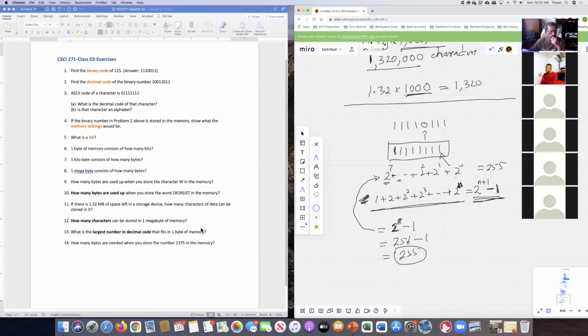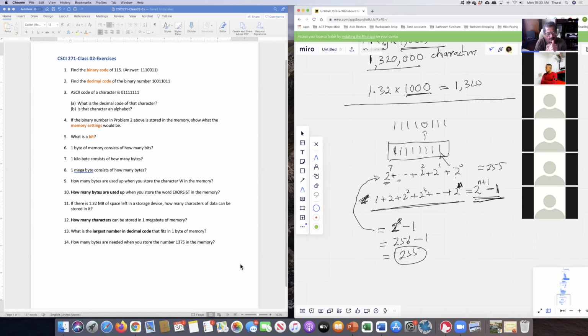All right, so the next question is, how many bytes are needed to store the number 1375 in the memory? There are 2 ways to answer that question. One way is to find the binary code. And remember, 1 byte is 8 bits.